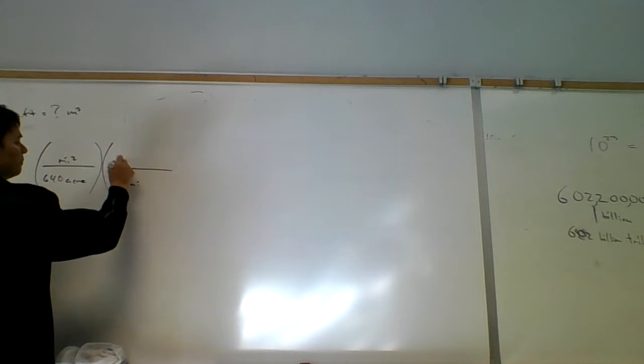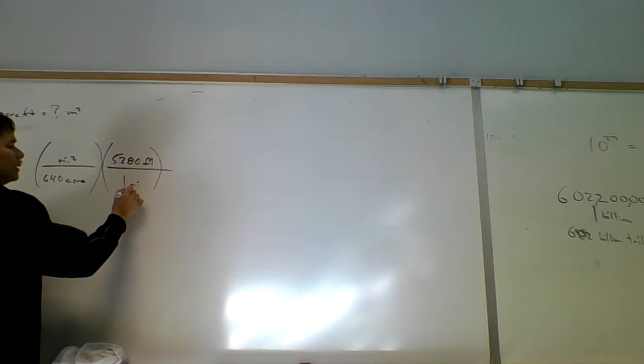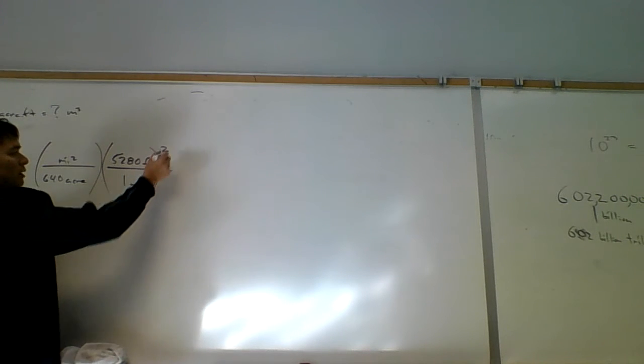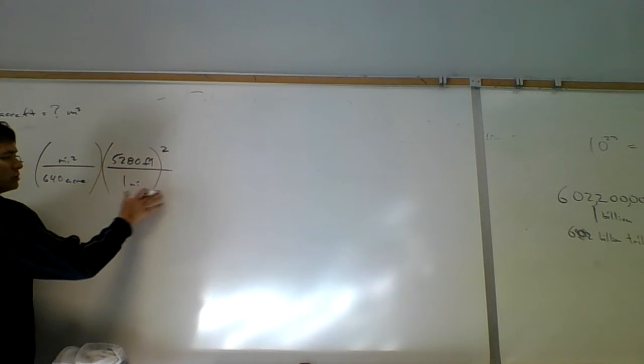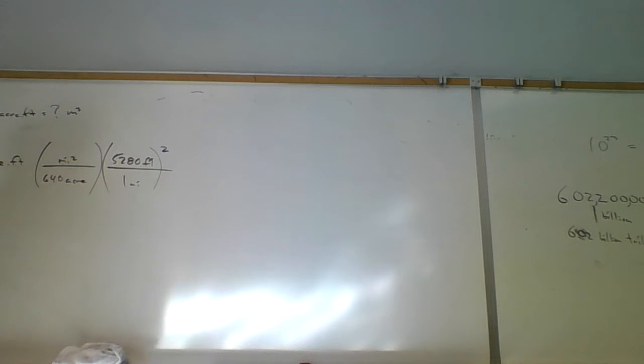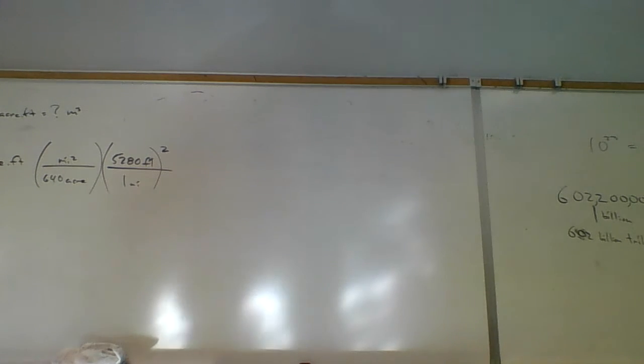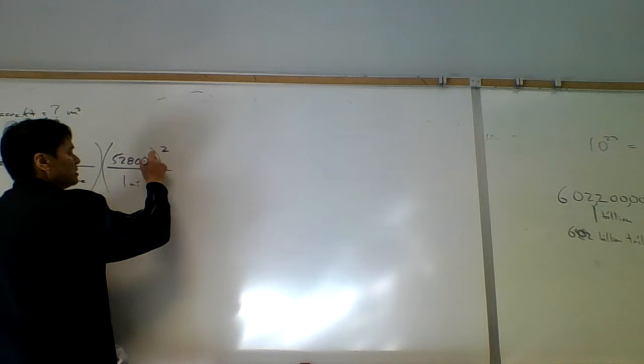1 mile is 5,280 feet. But this is length, not area, so what do I need to do? Square it. In other words, multiply it 2 times in a row, and then I can cancel out the miles. Now I have square feet here. Let's get rid of square feet.